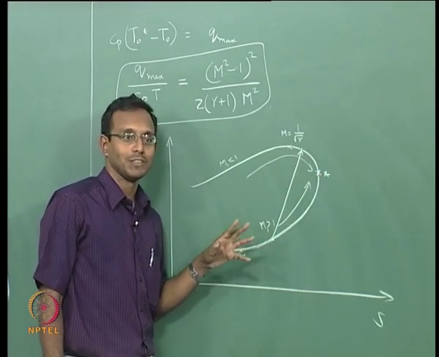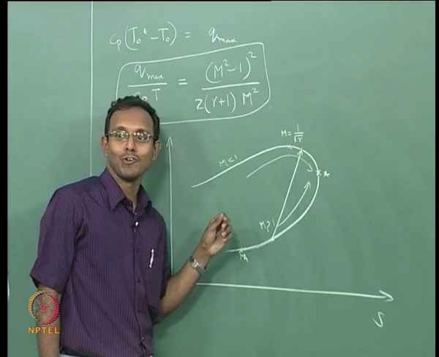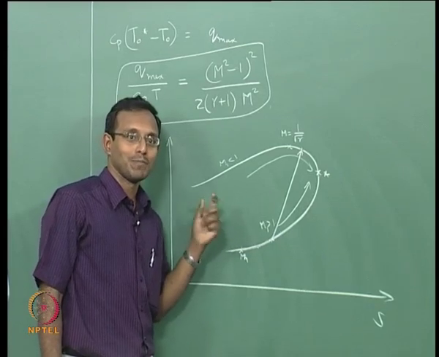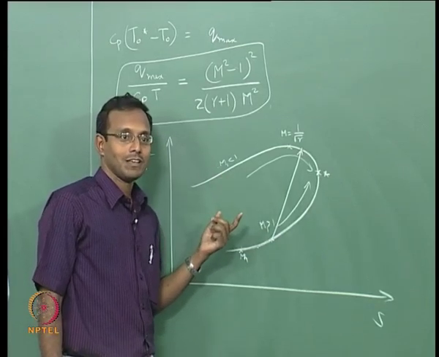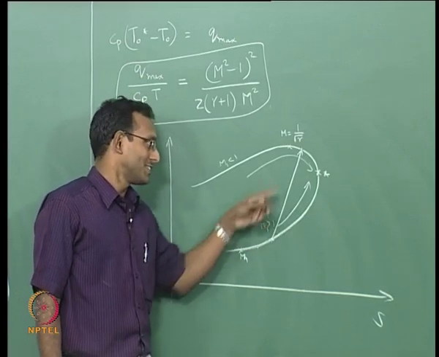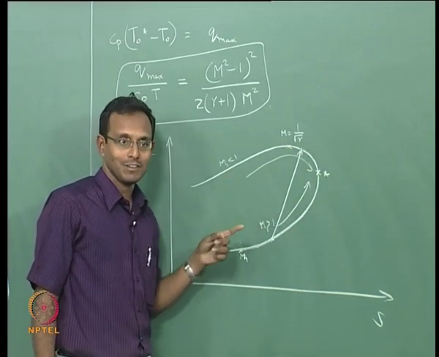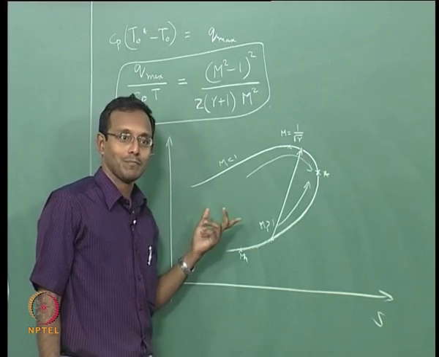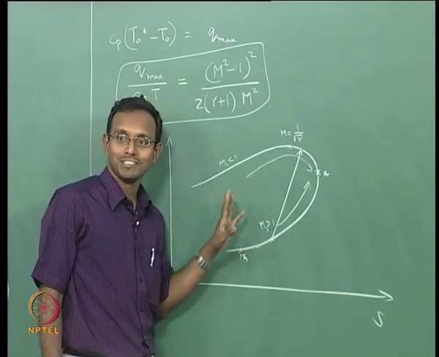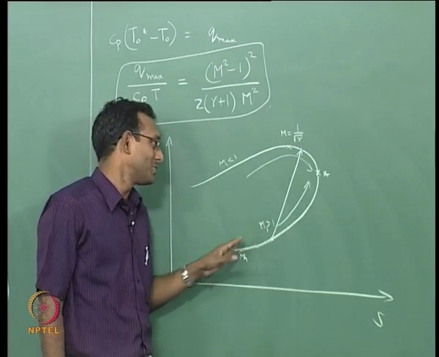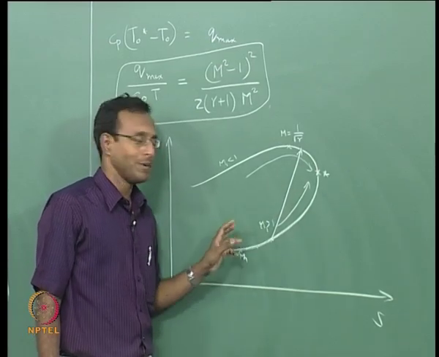It is not similar to our Fanno flow, where we will tell the P naught drop should match the exit pressure exactly. Here again I am going to say the same thing, P naught drop should match the exit pressure, but our main problem is not P naught, it was T naught. T naught does not change anything, it does not decide the shock location here, it can be anywhere from here to here.